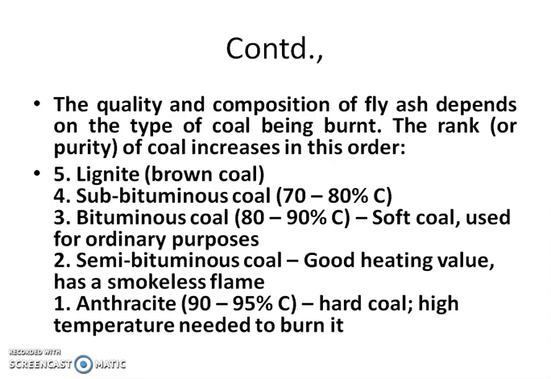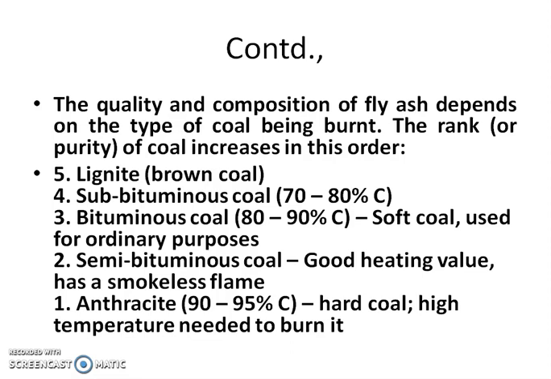So this is given in the ranking order. The top ranking is lignite, the coal used is a brown coal. The fly ash produced from this lignite will be of good quality. And the fly ash produced from the anthracite, that is a hard coal, where high temperature is needed to burn it, will be of low quality.